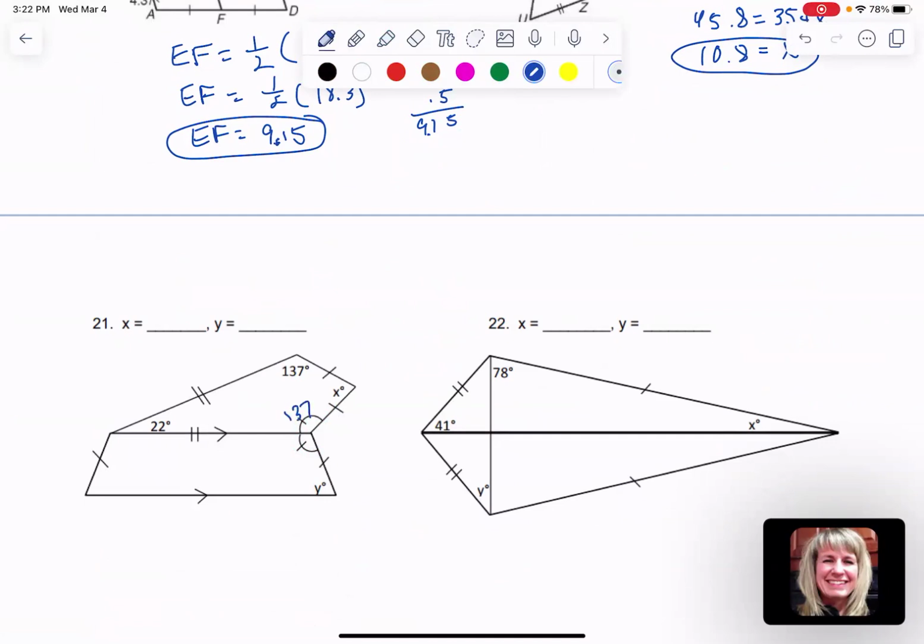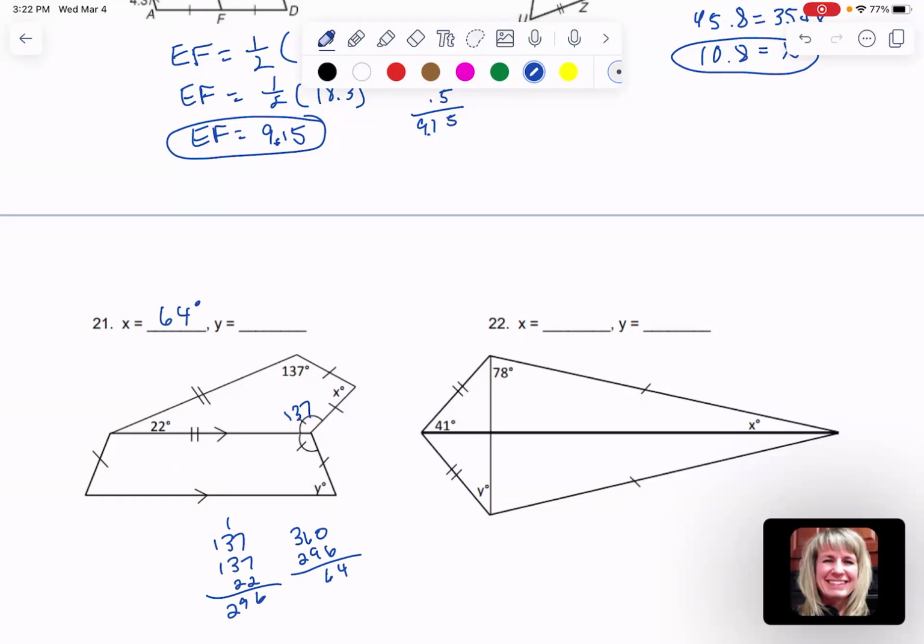And because those angles that are between the non-congruent sides are always congruent to each other, I can figure out X by doing 137 plus 137 plus 22, which adds up to be 296. And then if you subtract that from 360, I get 64 degrees for angle X.